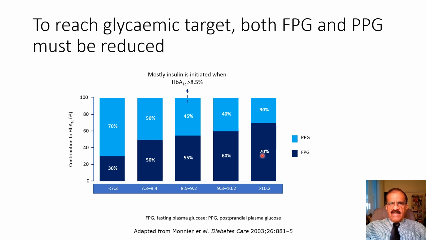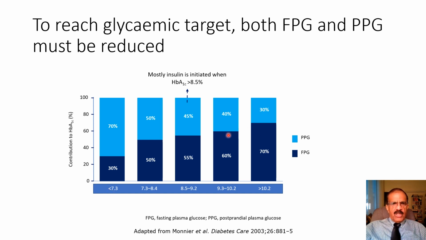So at this stage, if we focus on fasting glucose, that will do the job at least to a certain extent. But as we get closer to the goal, like 7.3% or less, our goal is 7%.